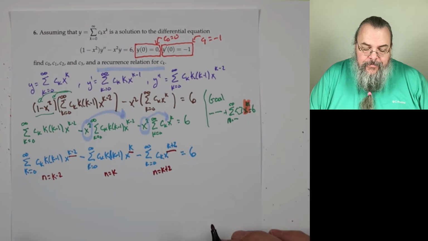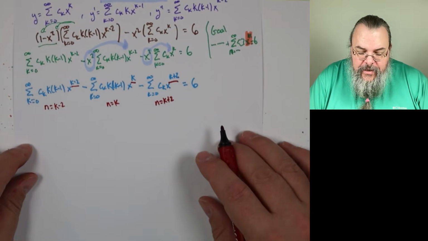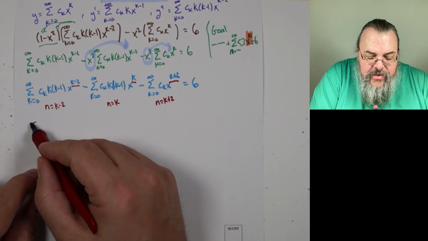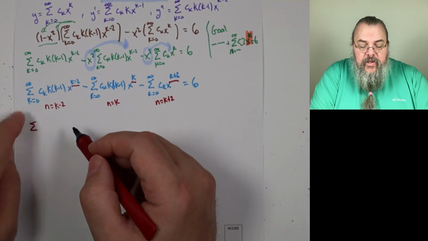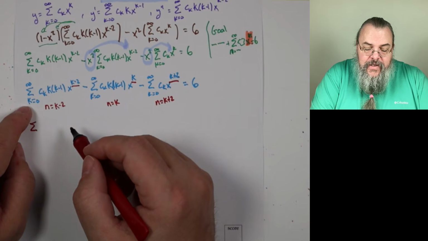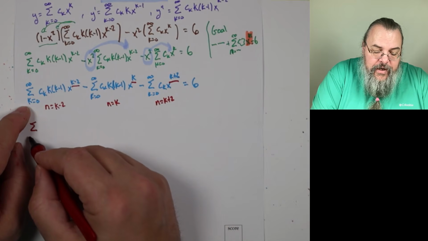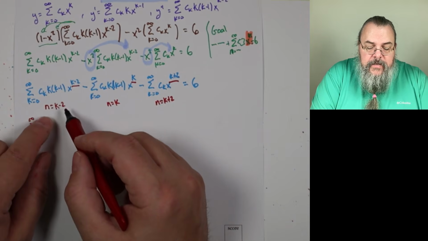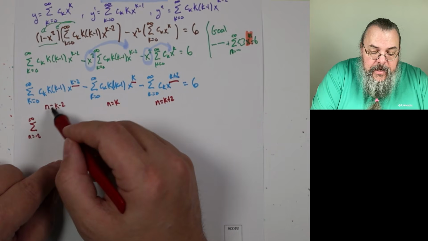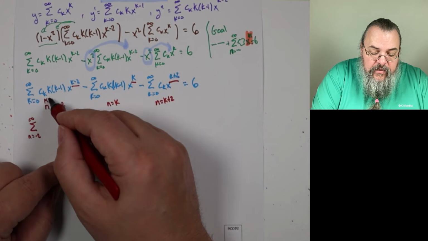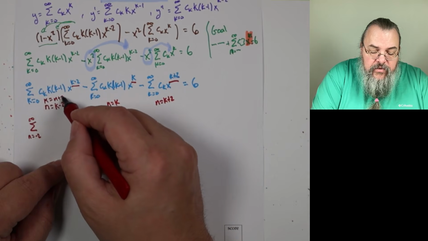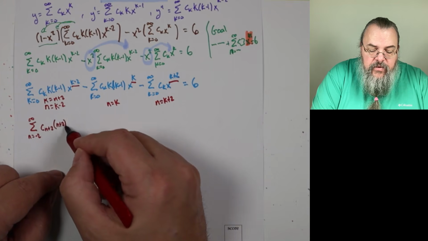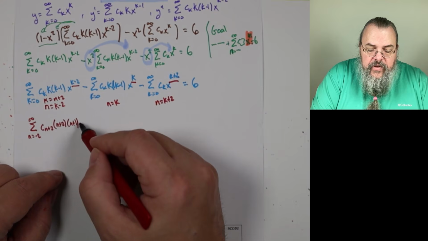All right, now, here we go. Fun stuff. We get our sum. Now, when k equals 0, what does n equal? Well, the answer is n equals minus 2. So minus 2 to infinity. Ck, well, here, if n equals k minus 2, we could say that's the same as k equals n plus 2. So it's c n plus 2 times n plus 2, n plus 1, x to the n.